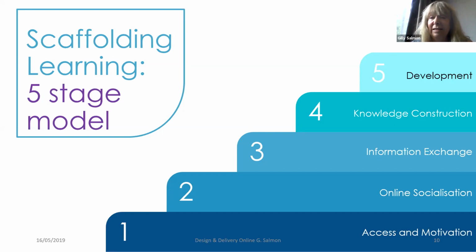The next thing they did was exchange information about themselves and around the course. And it was only when they'd gone through these 3 structured processes were they confident and able to share and build knowledge, which was obviously what the course and the learning was about.